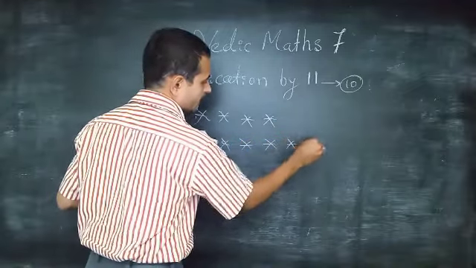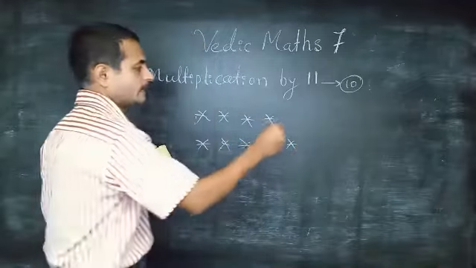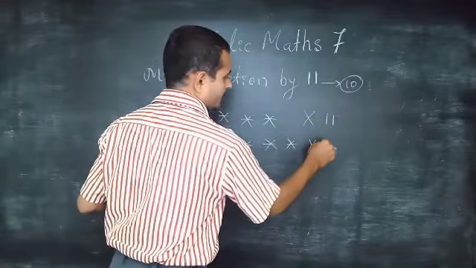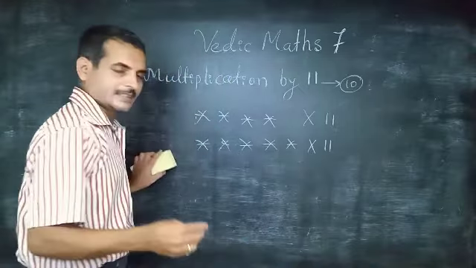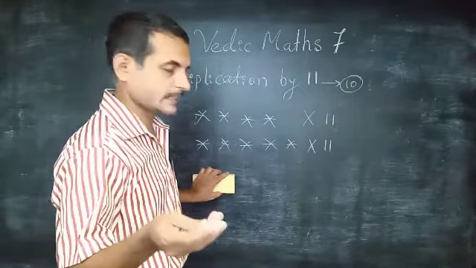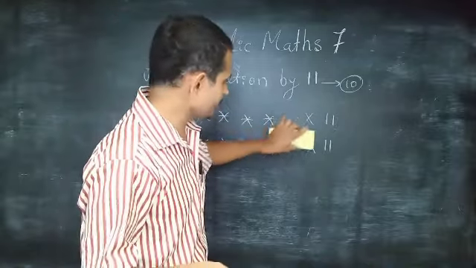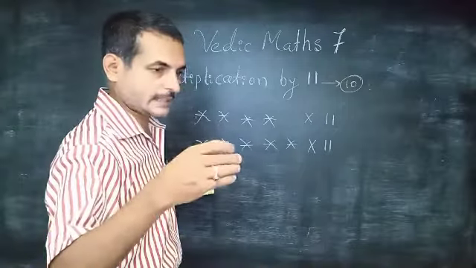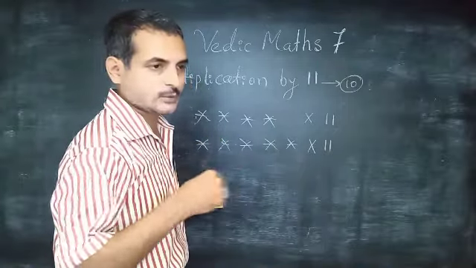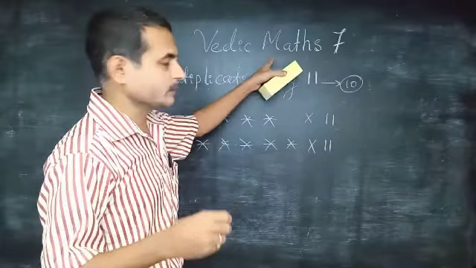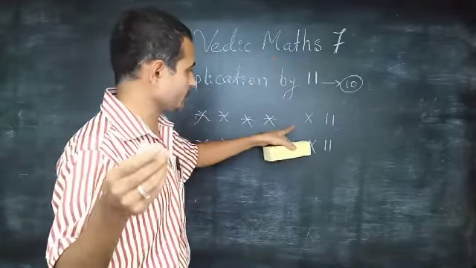Altogether you make 10 problems, all with multiplication by 11, and you may say it to your friends, your parents, your relatives, and show it as a magic. See here, I calculate without multiplication.